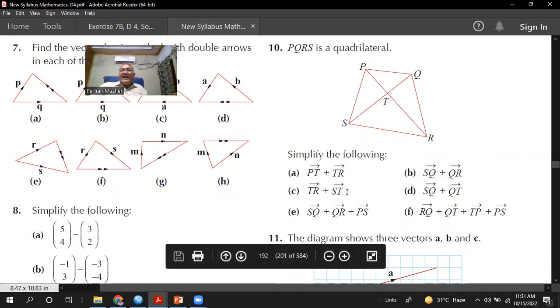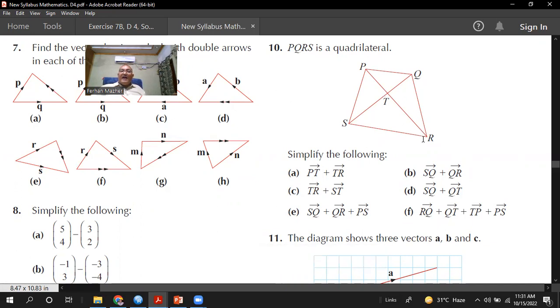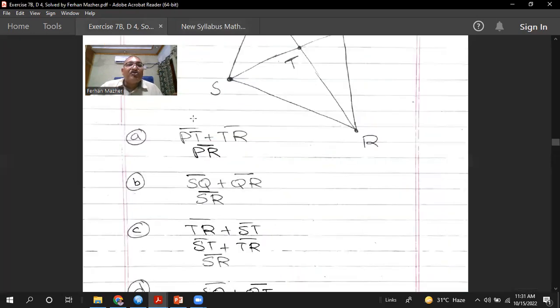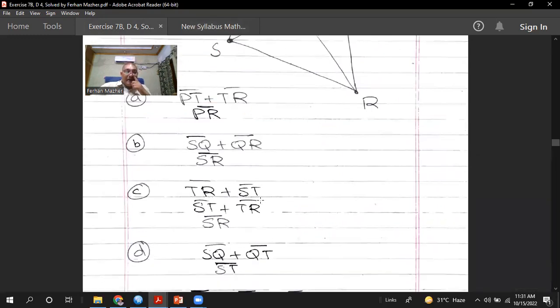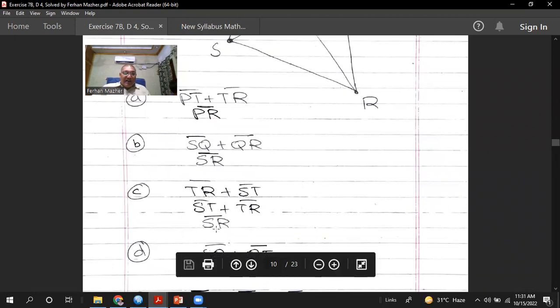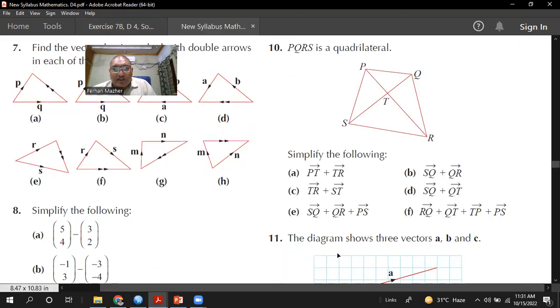Then he says TR plus ST. You can change the order. First write ST, so it is ST plus TR, and that will be SR.